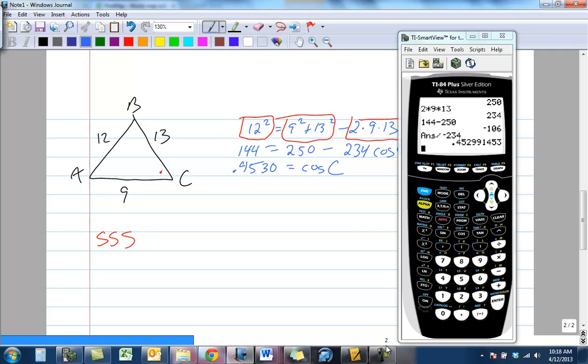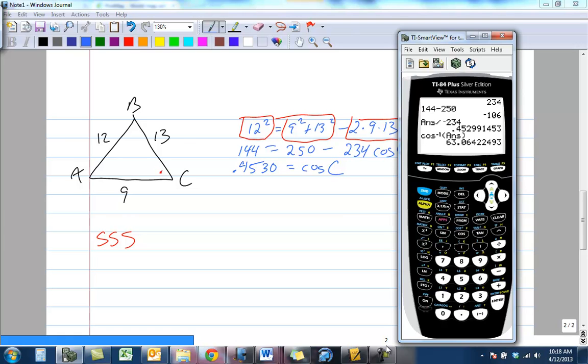But we're going to inverse cosine, and we're going to do the entire answer. We're not going to put in the rounded value. We're going to put in the original answer, and we get 63.06. But this is an angle, right? So now we have to DMS that as well. So second angle, DMS.